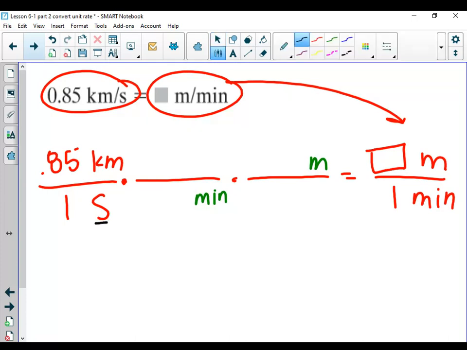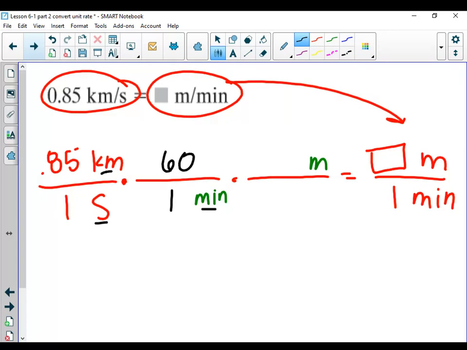What do I know about seconds and minutes? Wait a second. 1 minute, 60 seconds.